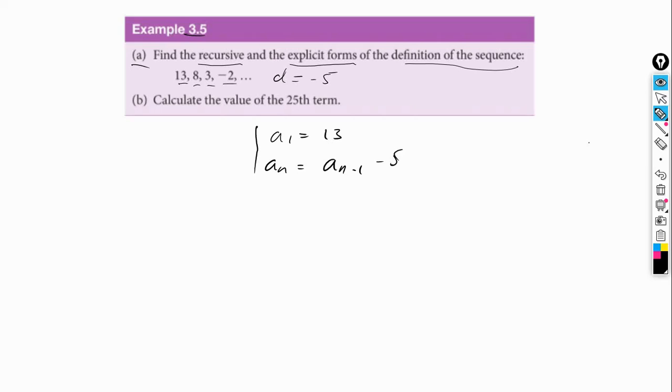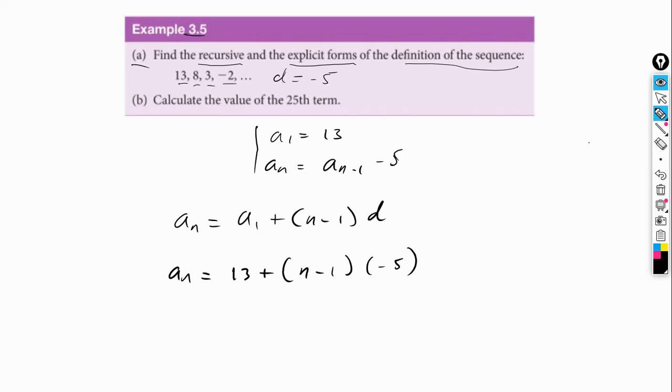Then the explicit form is the one we saw before, where a sub n is equal to the first term plus n minus 1 times the common difference. So here the first term is 13, plus n minus 1, and in this case the common difference is negative 5. From here we would get 13 minus 5n plus 5.